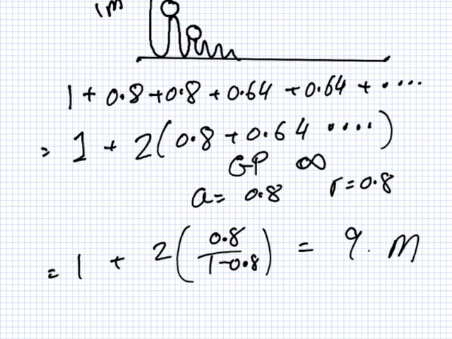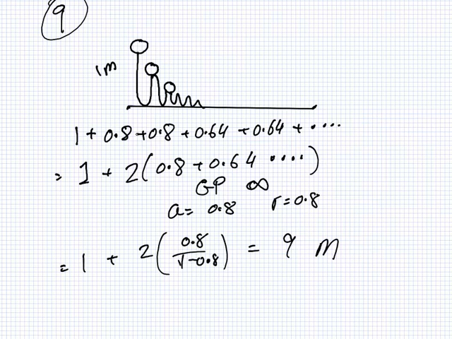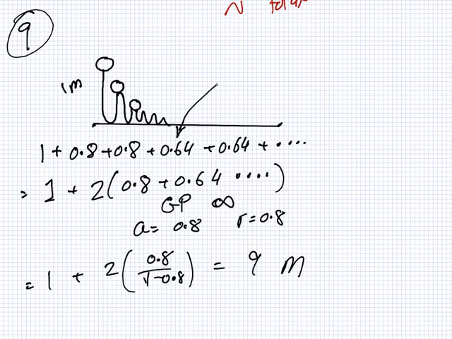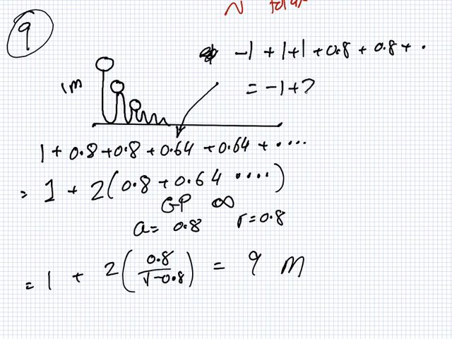You can, okay, let me, if you prefer, you can write it like this. If you don't like that, you can write this. Minus 1 plus 1 plus 1 plus 0.8 plus 0.8 plus 0.64, 0.64. So that'd be minus 1 plus 2 times 1 plus 0.8 plus 0.64.